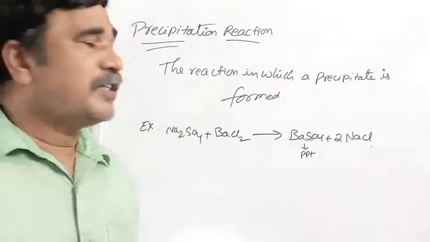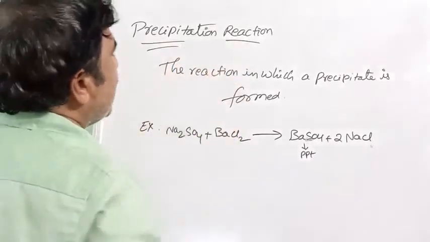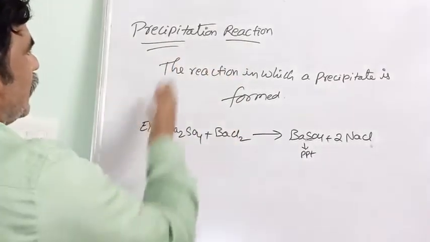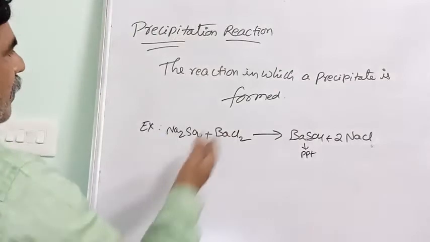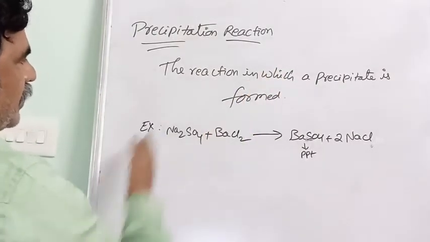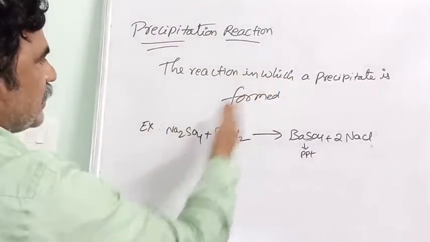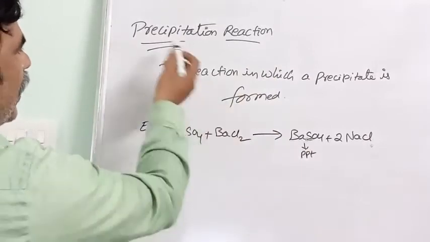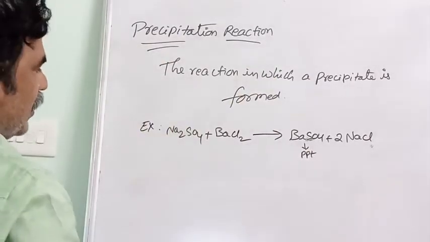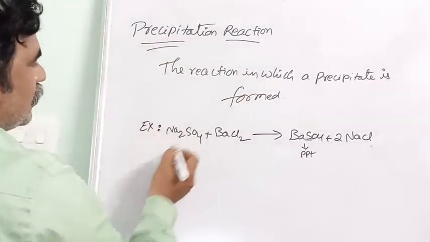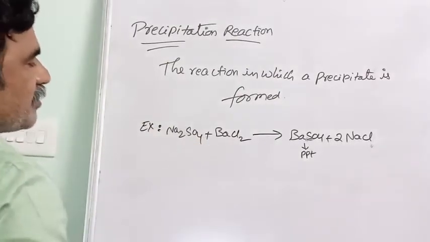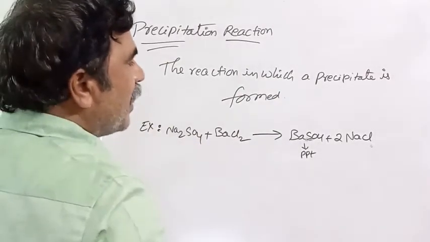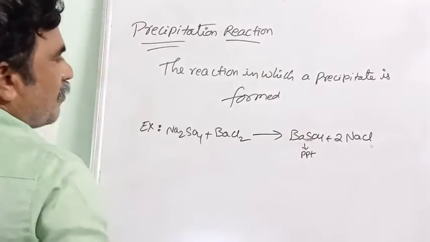Okay. Next reaction is a precipitation reaction. The name itself tells that a precipitate is formed. The reaction in which a precipitate is formed is known as a precipitation reaction. Example, sodium sulfate when reacting with barium chloride gives barium sulfate and sodium chloride.